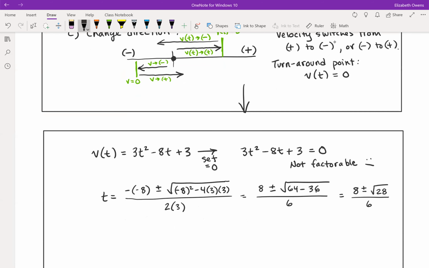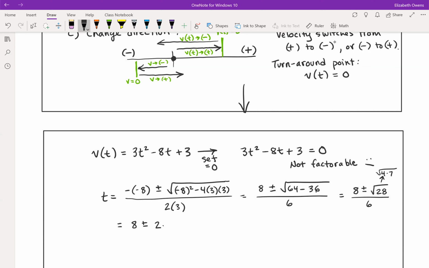I'll reduce this down for us in case at some point you had to solve for this in exact form. It's good to know how to do that. Remember, to simplify a radical like this, you can look for a perfect square underneath the radical. We have one. It's the 4.